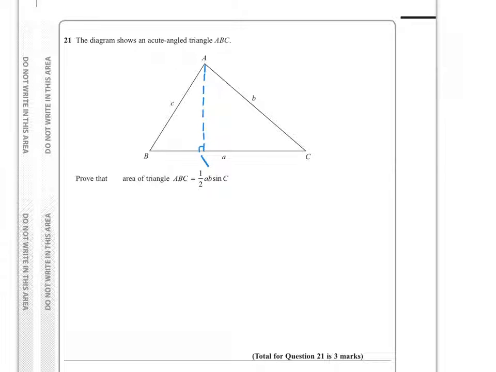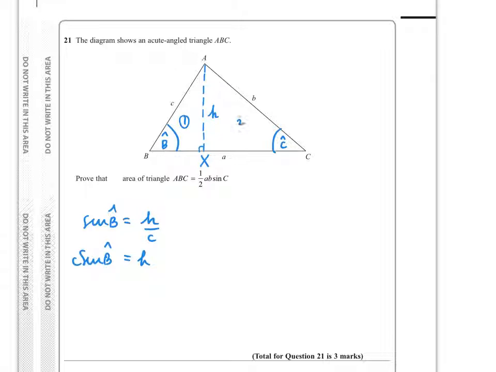Let's call this X, and let's call the perpendicular H. Now, we know if we want to use the angle B here, say, we'll call this B hat, and this angle here C hat, then we know in this right angle triangle that the sine of B equals the opposite to that, which is H, over the hypotenuse. So we get H equals C sine B.